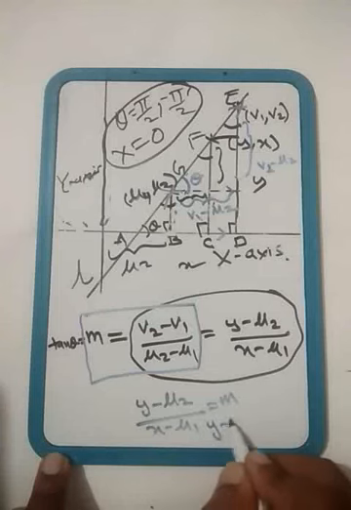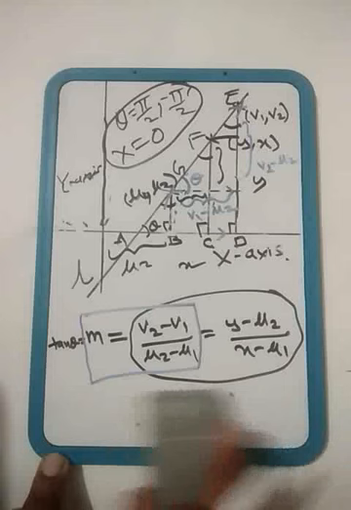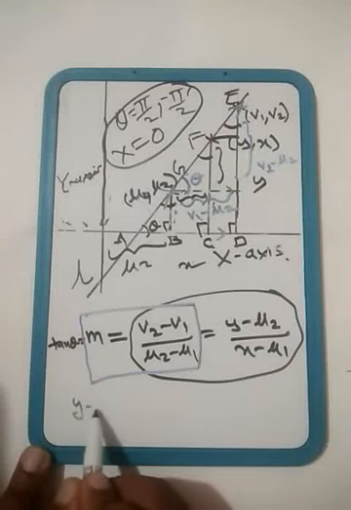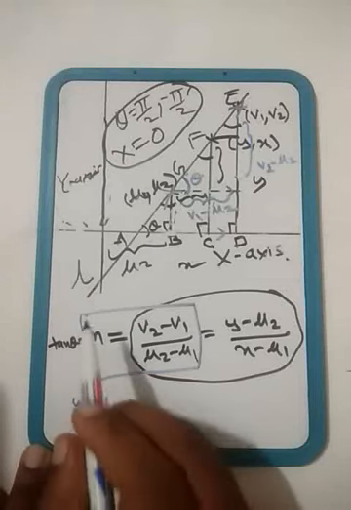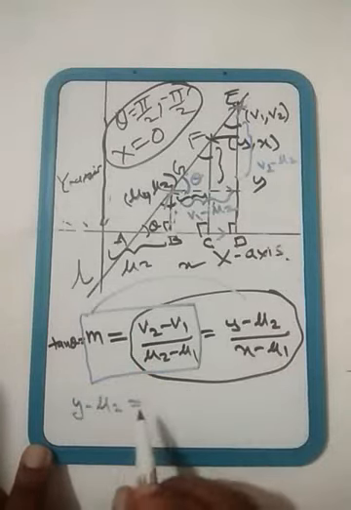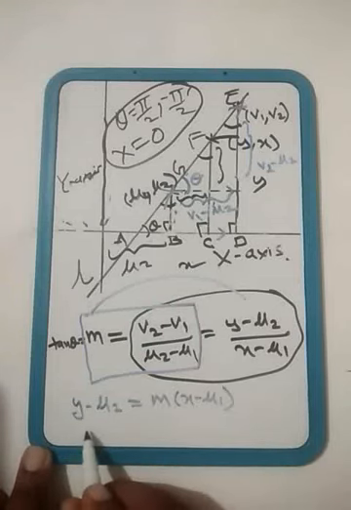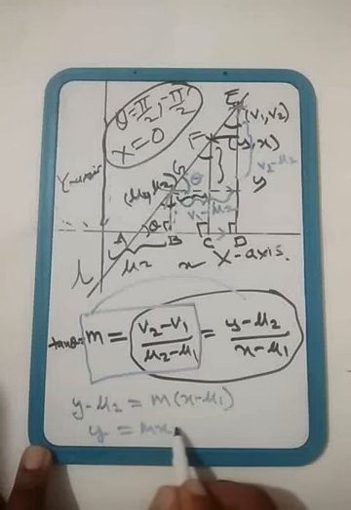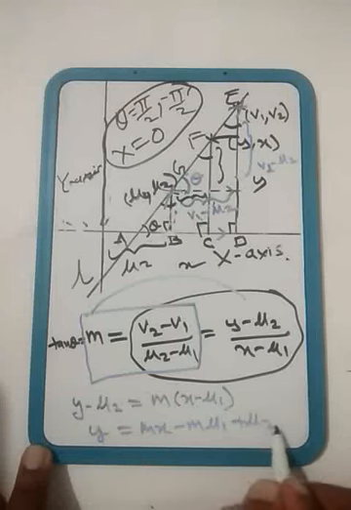So y minus u2 is equal to, if you call this m, this and this, m times x minus u1. That becomes y is equal to mx minus mu1 plus u2.